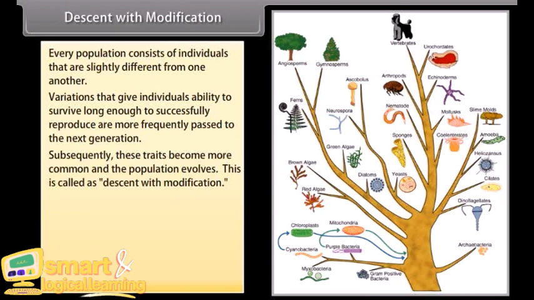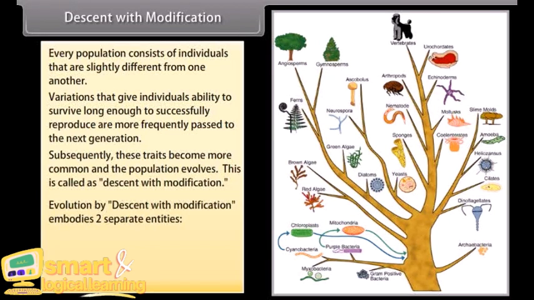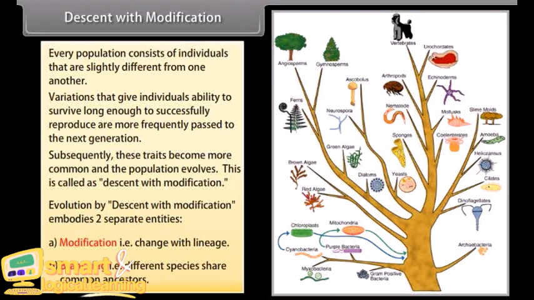This is called descent with modification. Evolution by descent with modification embodies two separate entities. A. Modification, that is, change within a lineage. B. Branching, that is, different species share common ancestors.